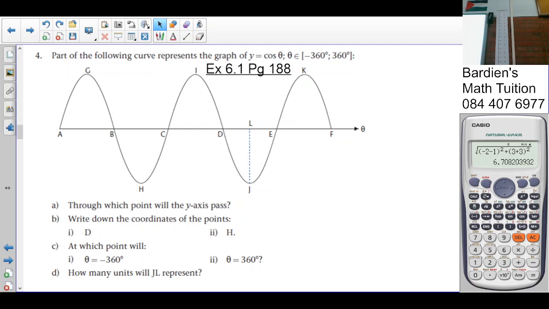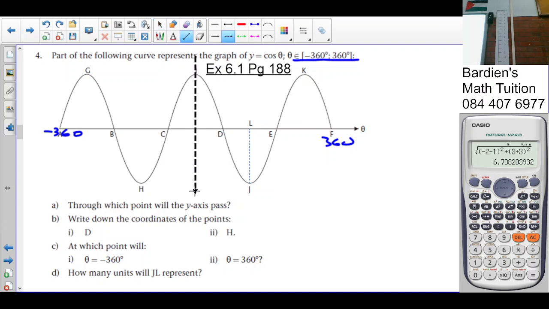Do you guys understand? Through which point will the y-axis pass? So if this is negative 360 here, and that is 360, where would the y-axis lie? Through I. Why? Because the cos graph starts on top. It's maximum.